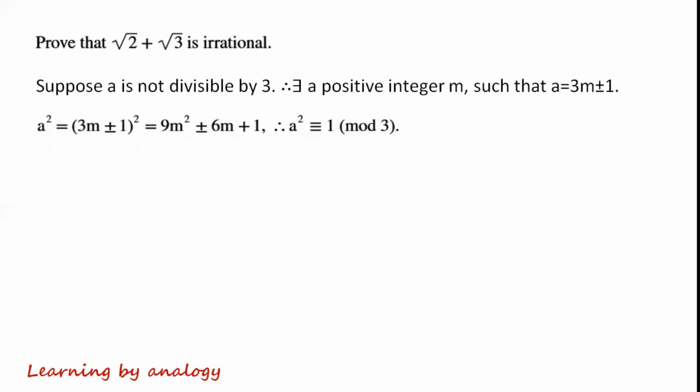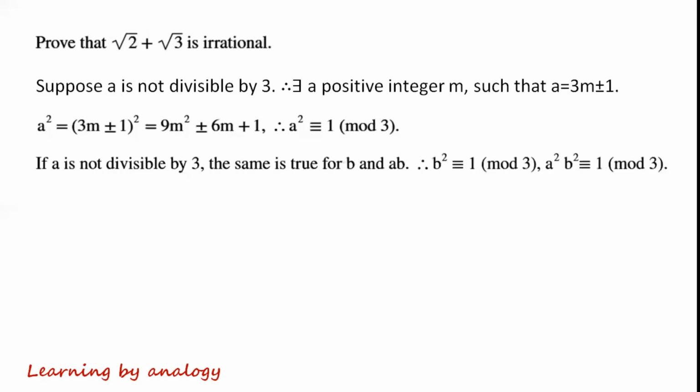So a squared is congruent to 1 mod 3. If a isn't divisible by 3, the same is true for b. So b squared is congruent to 1 mod 3, and a squared b squared is congruent to 1 mod 3.